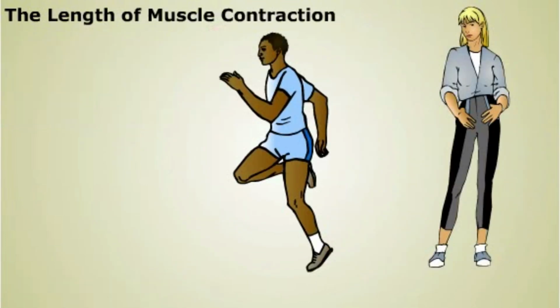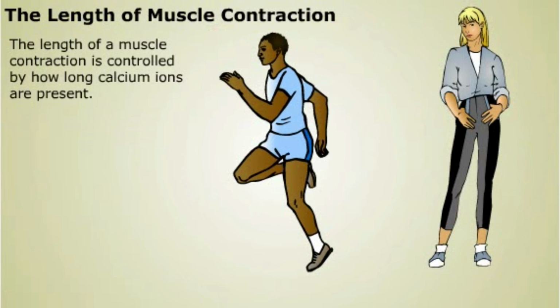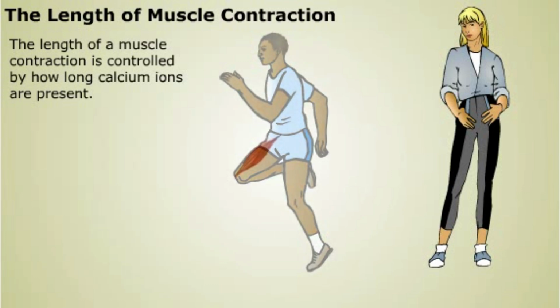In addition to the frequency of nerve signals, the length of whole muscle contraction is controlled by how long calcium ions are present. This is because the presence of calcium ions is what regulates the binding of myosin to actin. Fast muscle fibers contract only for a short period of time.